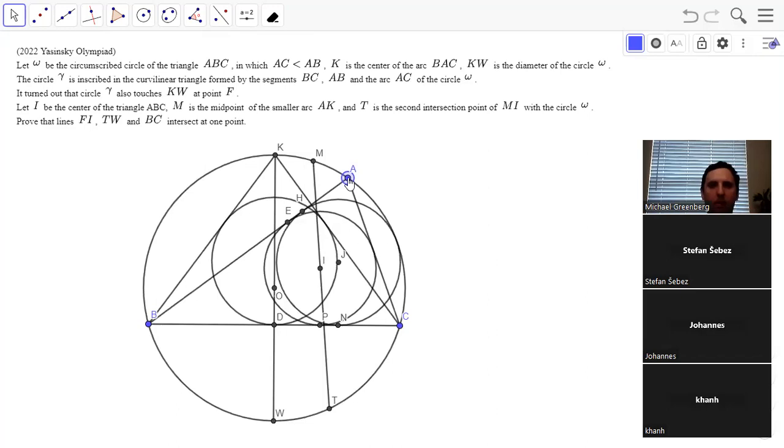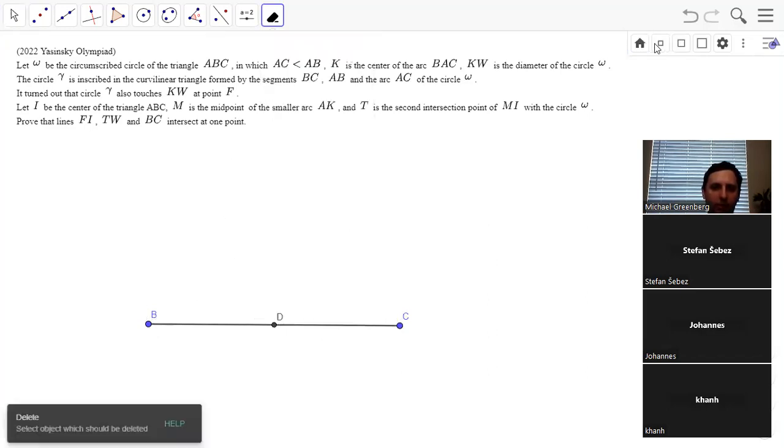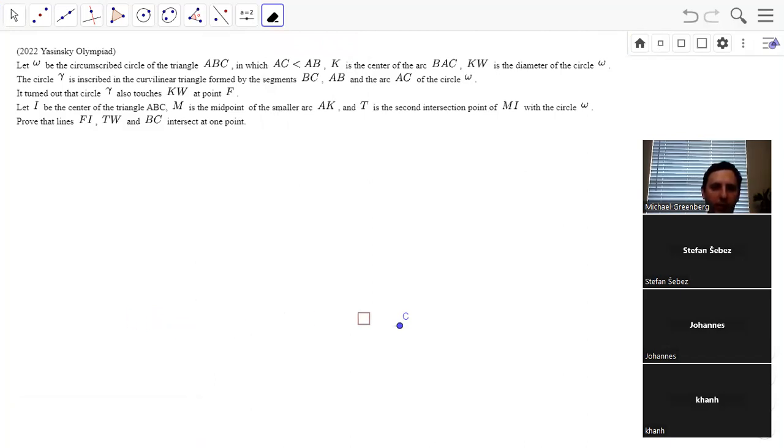Okay, so I'm just thinking about the best way to do this. Let me just redraw everything from scratch. First I'm going to draw KBC.